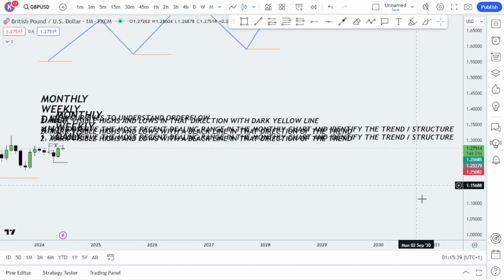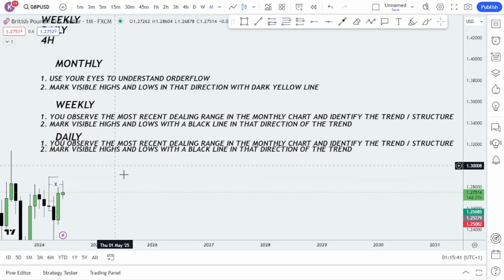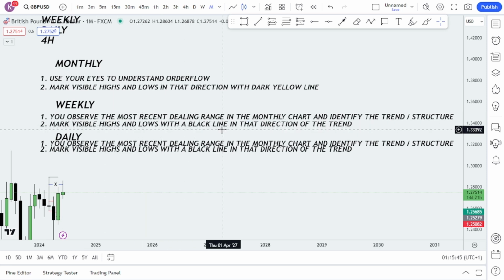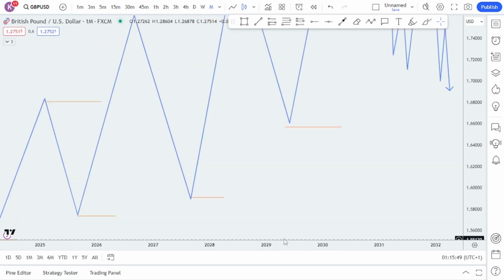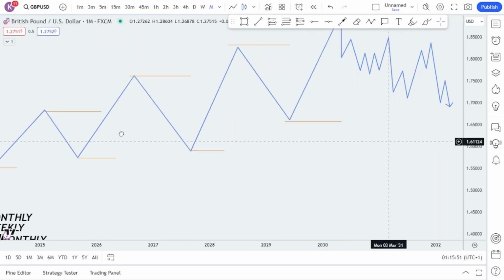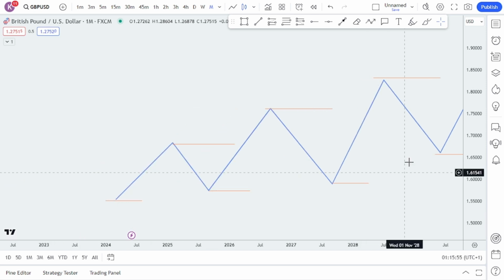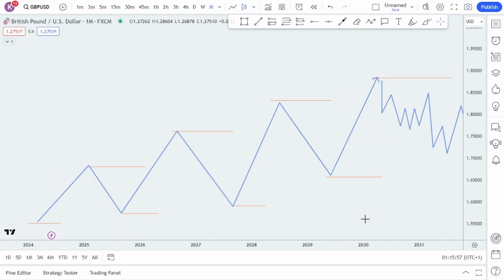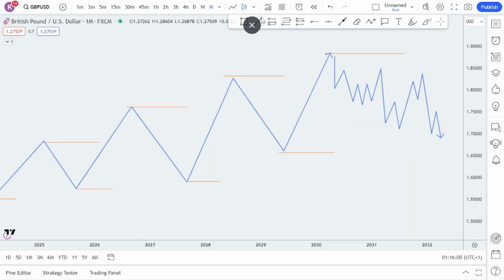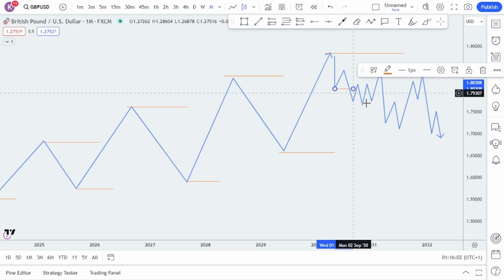It's actually going down. So number 2 said mark visible highs and lows with a black line in that direction of the trend. Okay, so in the weekly chart I like using a black line. What I'm gonna do here is use a black line to mark all of this.